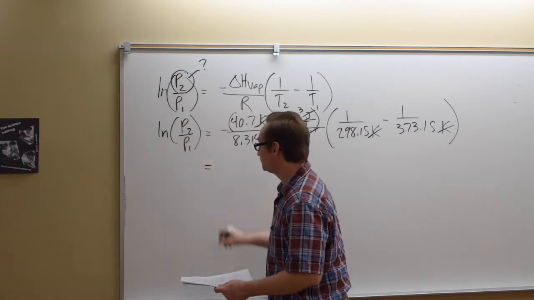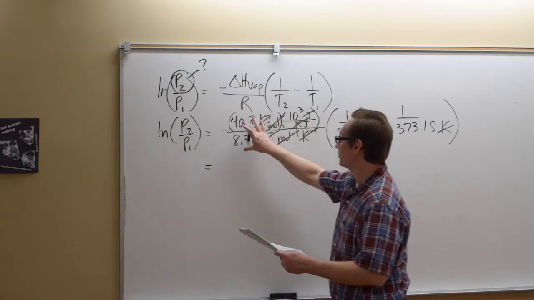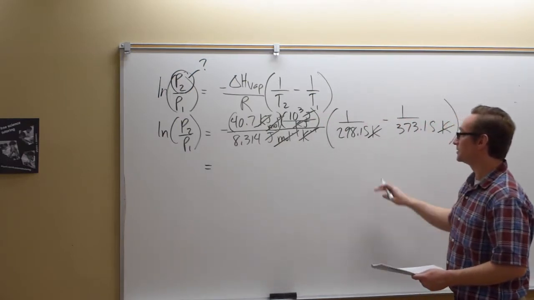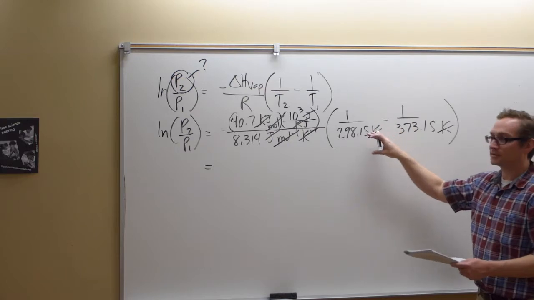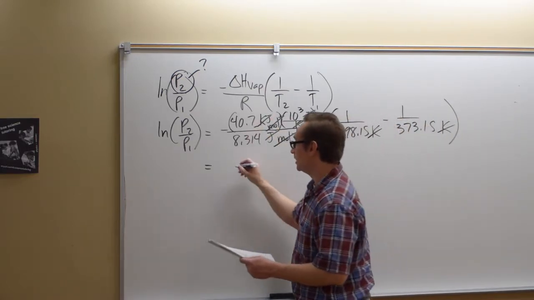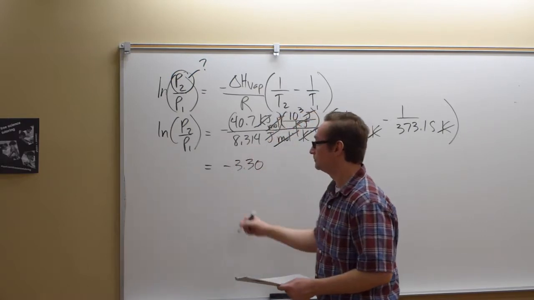So if we run all these numbers in a calculator, the way I suggest you do it is take this difference first and then multiply it by this part. You would get something like negative 3.30.